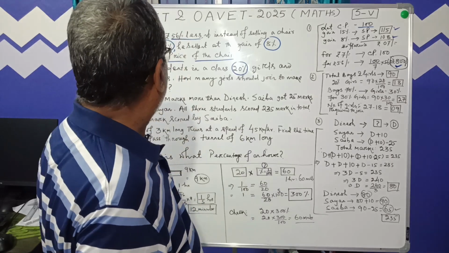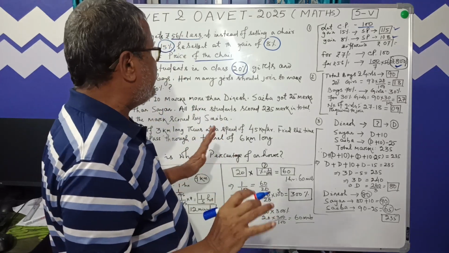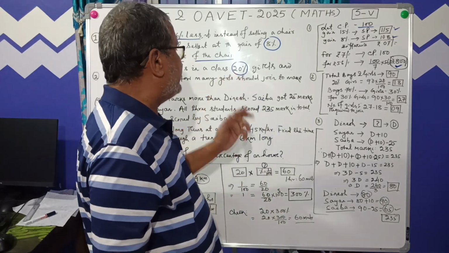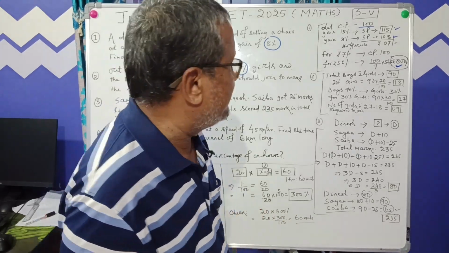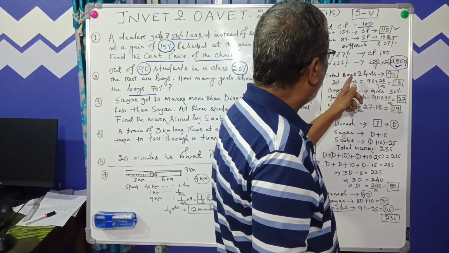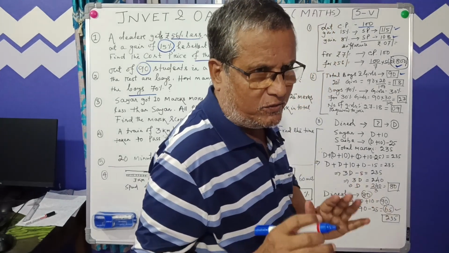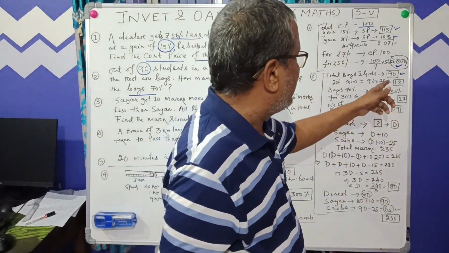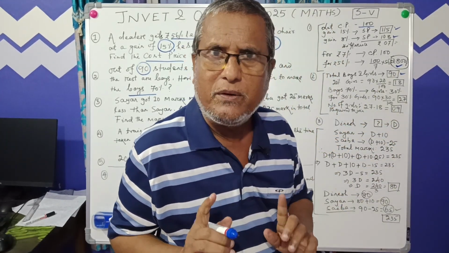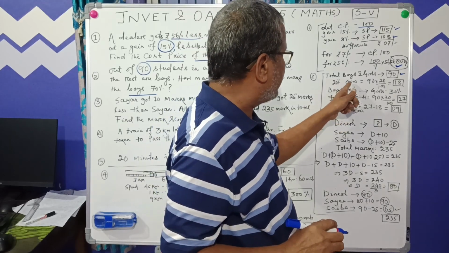So given data, total students 90, and at present girls are 20%. So total boys and girls 90 already given in the question. Now 20% girls.